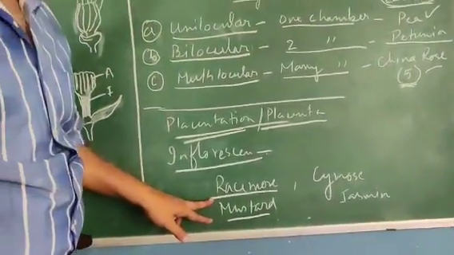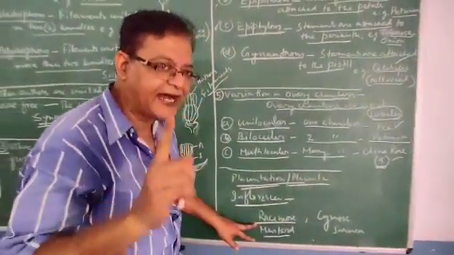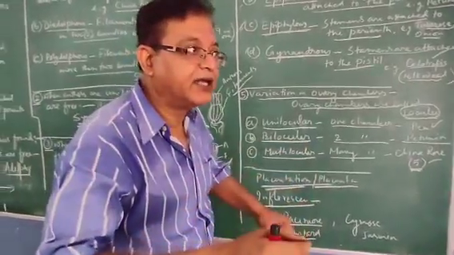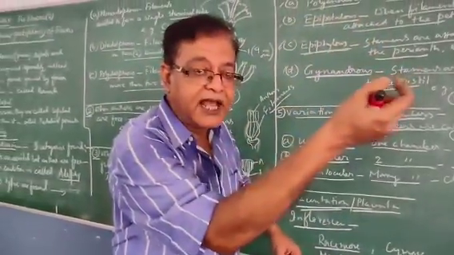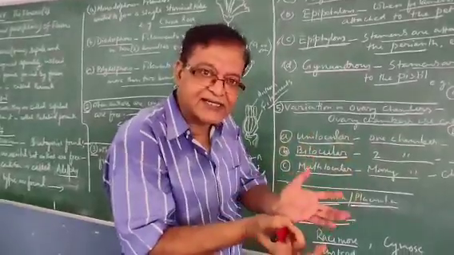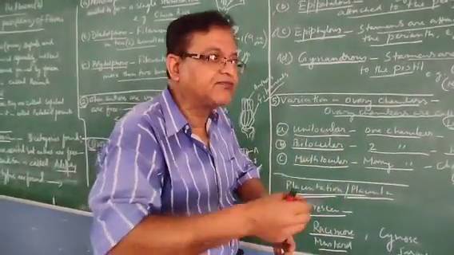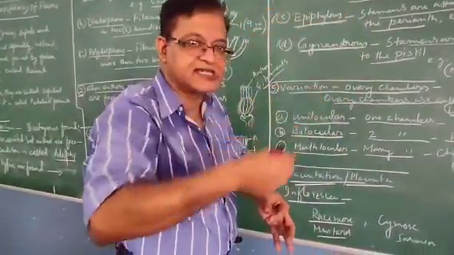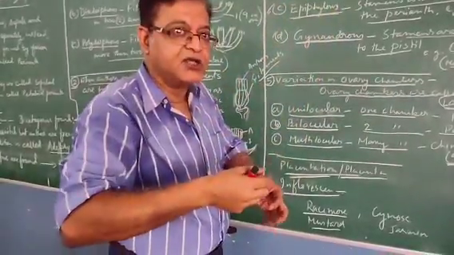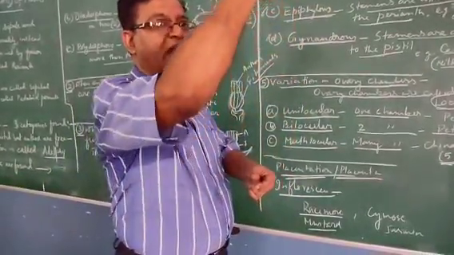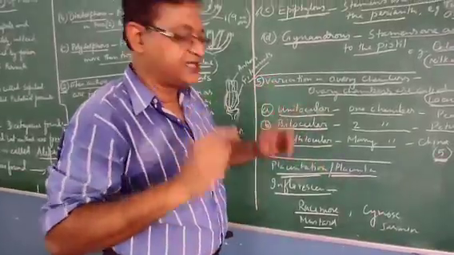Racemose inflorescence is when the young flowers are at the top and old flowers at the base, and the main axis of the flowers does not stop, it continuously grows and grows. This is called racemose.